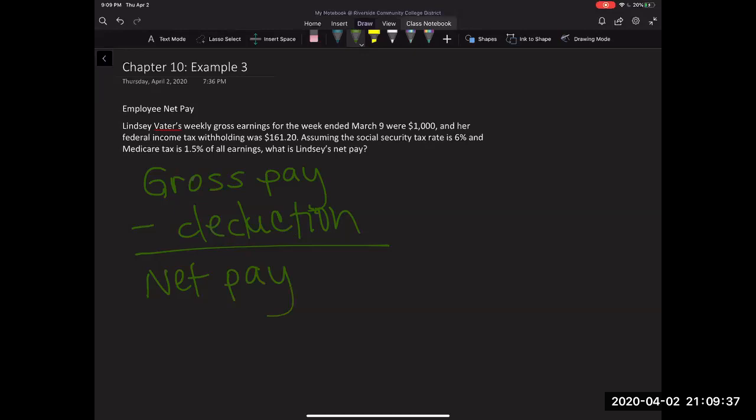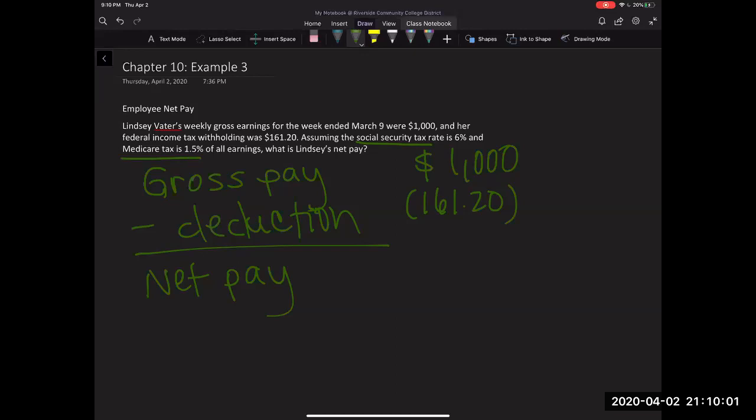In this example, our gross pay is $1,000. Our federal income tax that we must subtract out is a total of $161.20. We must also subtract out Social Security and Medicare, so we need to calculate what each of those amounts are.